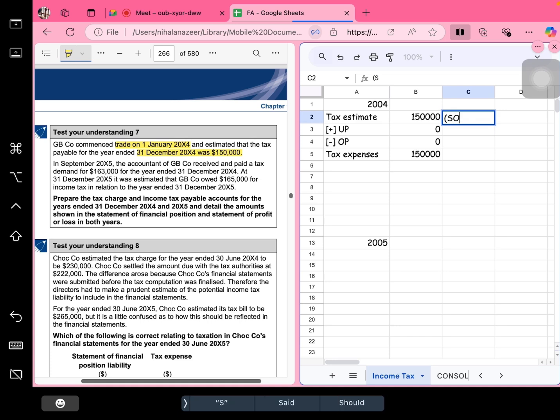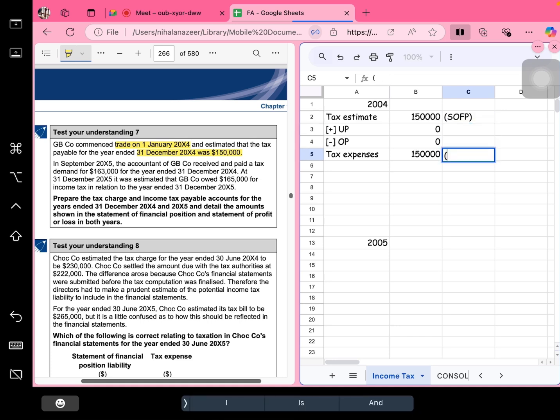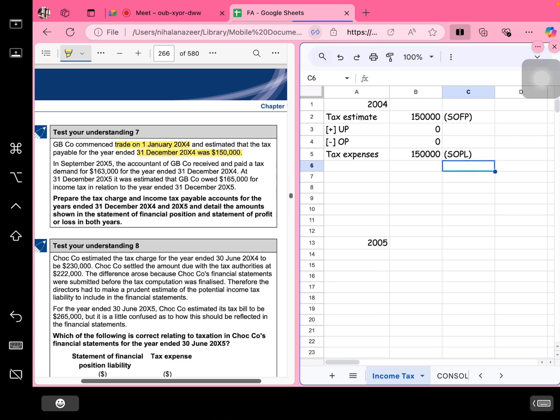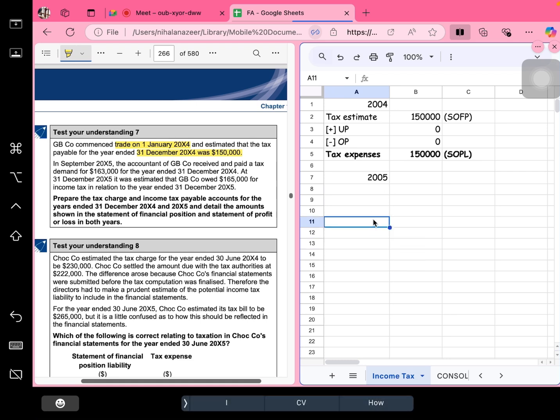So this goes to SOFP. This goes to SOPL. Clear? Understood? This much is okay? Now, in 2005, what happened? In 2005, 13,000 was added, right? We received and paid a tax of 163,000, right?